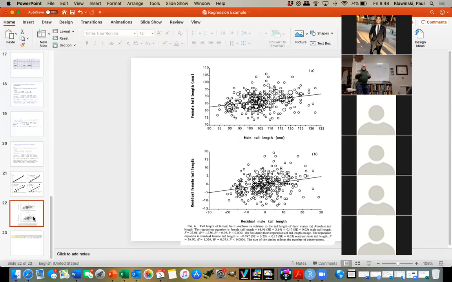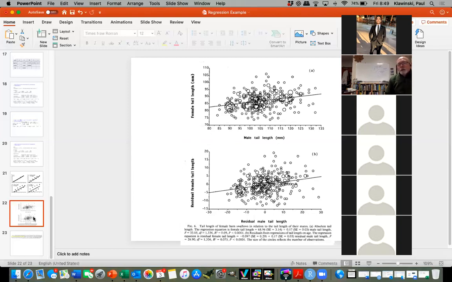So one of the ways that you can assess this is by looking at the R-square value. In this case, the R-square value is only 0.09. So even though that slope is significantly different from a slope of 0, there's a lot of unexplained variation floating around.